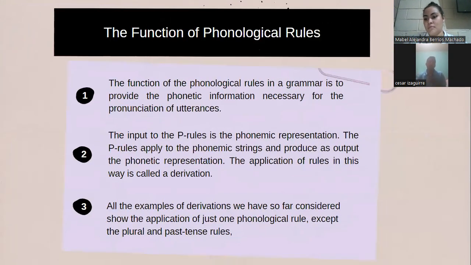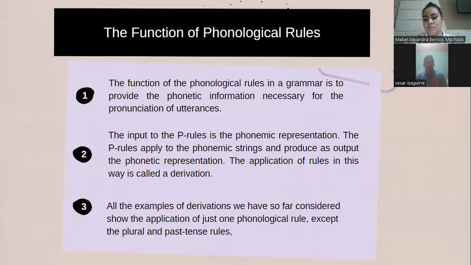Now, we have the function of the phonological rules. We have three points in there. The first, the function of the phonological rules is to provide the phonetic information necessary for the pronunciation of utterances. In the second, the input into the P rules is the phonemic representation.